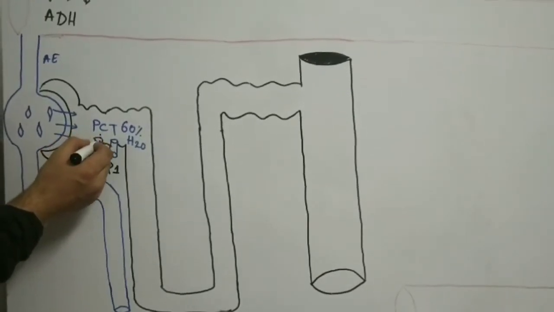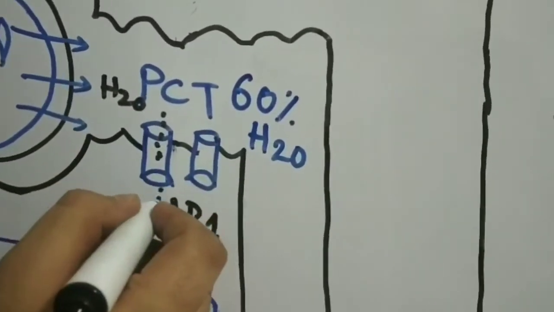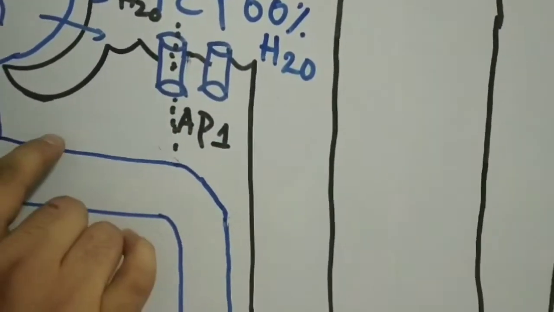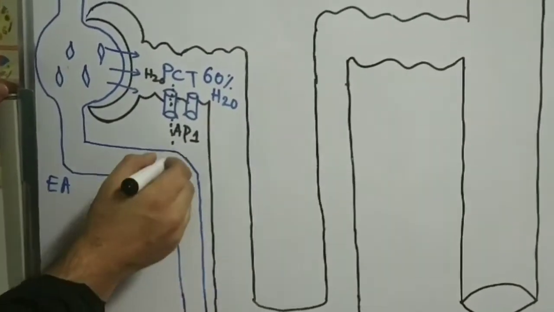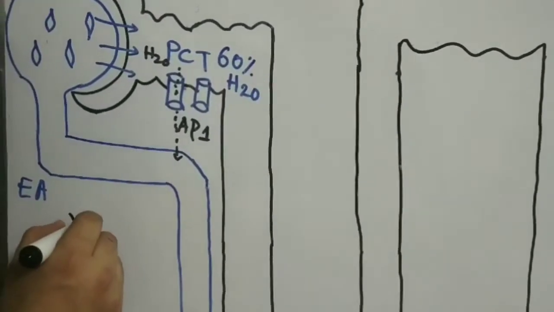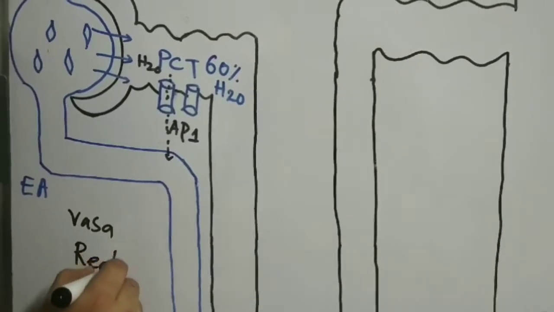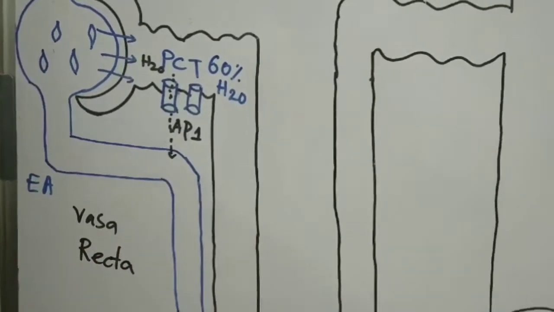They absorb the water from the nephron. The water will enter into this vascular system, which I have drawn in blue color. This vascular system is known as the vasa recta. It is actually the branch of the efferent arteriole.